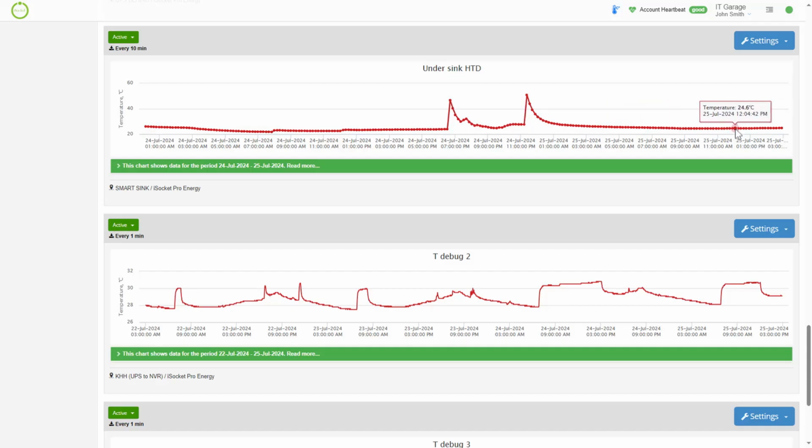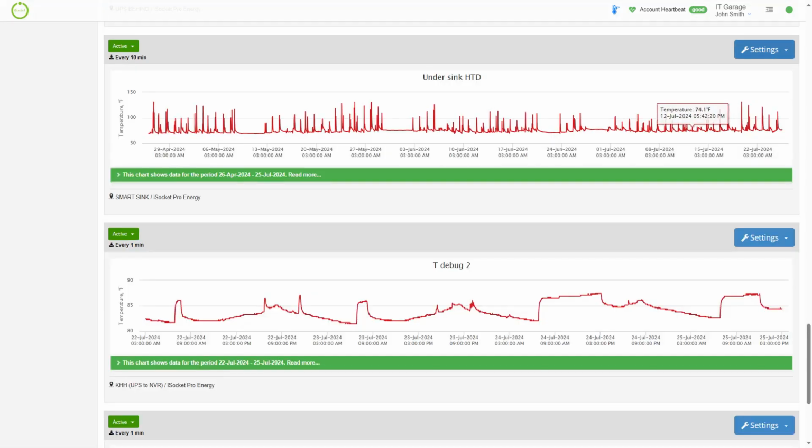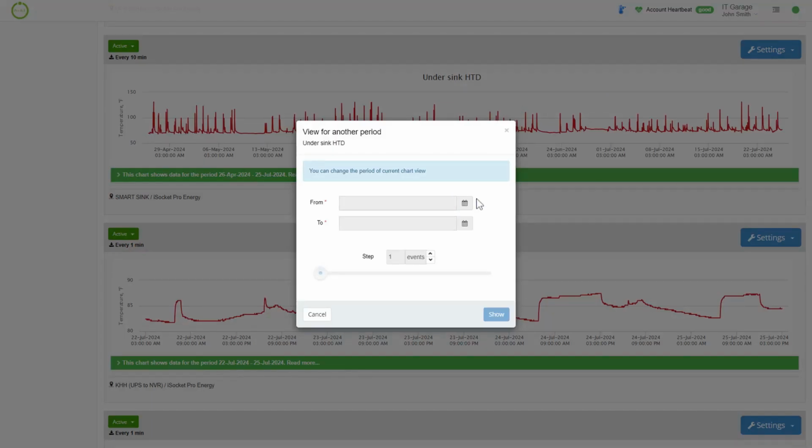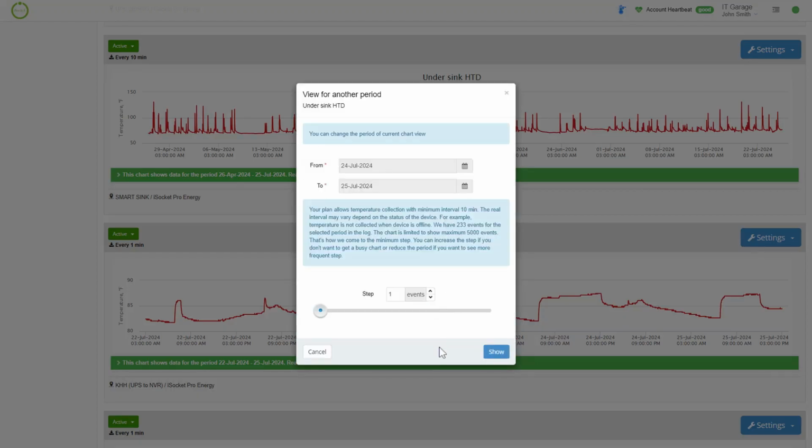So now, in summertime, no problem with freezing, but that is quite nice. I think I should show this to you in Fahrenheit. So 24 to 25 July. We need to set it again. 24, 25.